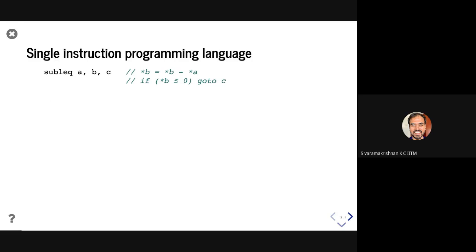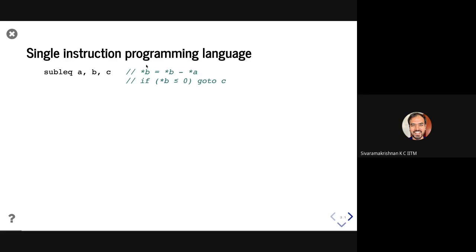So with that, let's dive right in. Let's consider for fun this hypothetical single instruction programming language. You can also think about this as an architecture which only has a single instruction. It has this subLEQ instruction, which takes 3 arguments A, B, C. When you run this instruction, we consider A and B to be pointers to, say, integers.